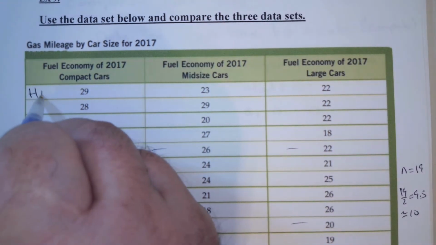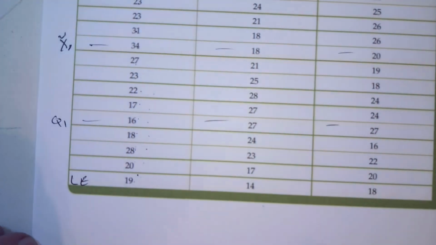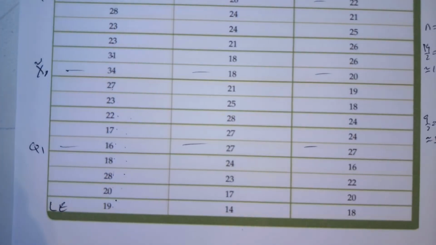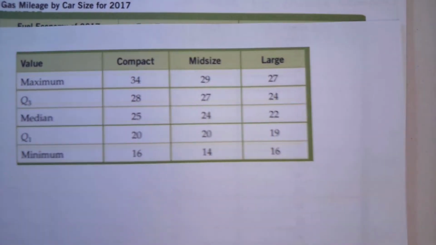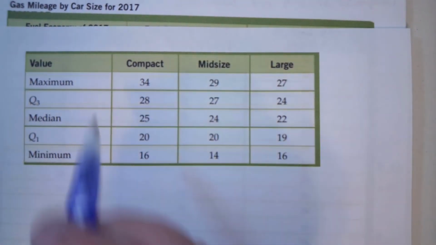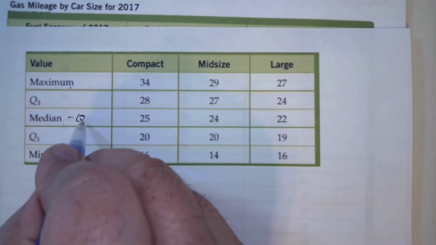This is the high extreme, and this is the low extreme. Those are our 5 numbers. So when we look at that, we create this: the high extreme, the low extreme, the median. This is Q2.